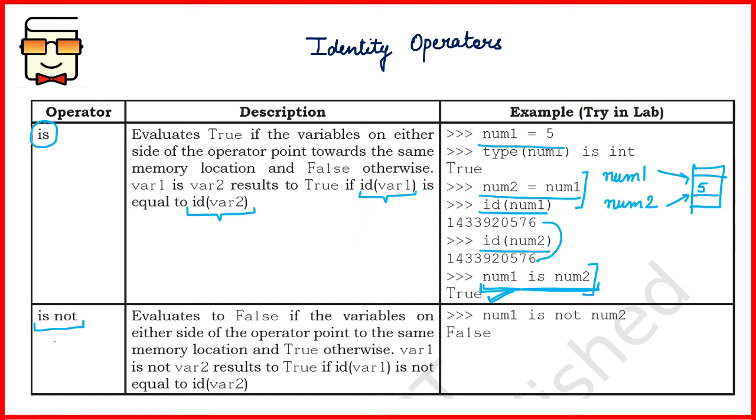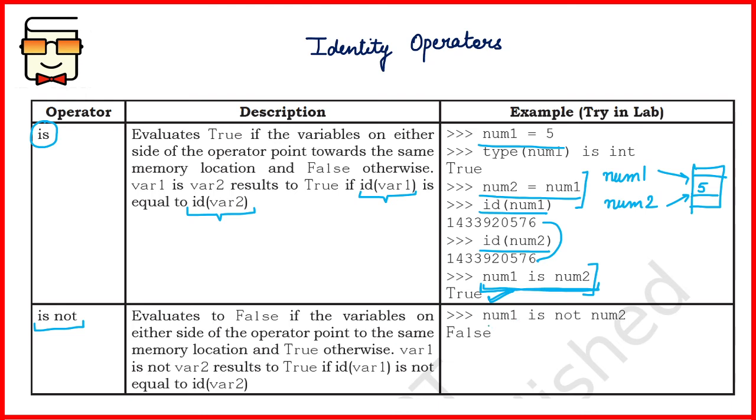Now is not again tells you whether the two objects are not pointing to the same location. This identity operator evaluates to true when both the operands point to different values in memory, and when both the variables point to the same value, it evaluates to false.